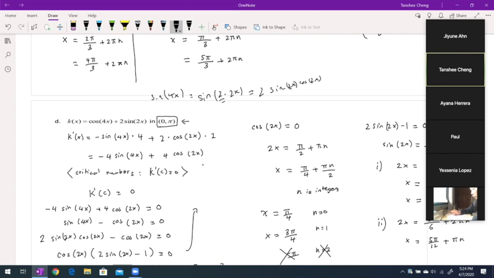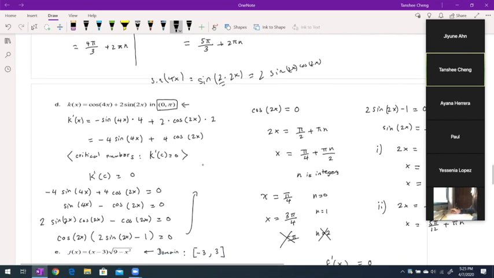Pi over 4 plus pi over 2, which will give me 3 pi over 4. Follow? And then when we look at n is 2, then this will become what? Pi over 4 plus pi, which is basically talking about this part is 5 pi over 4.